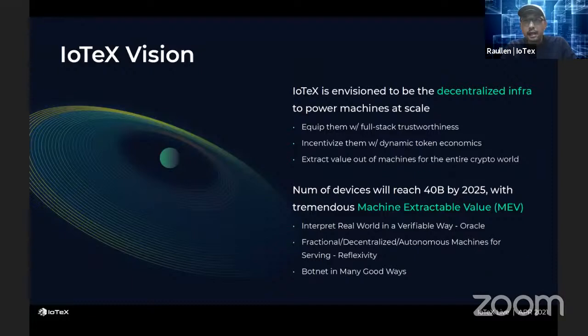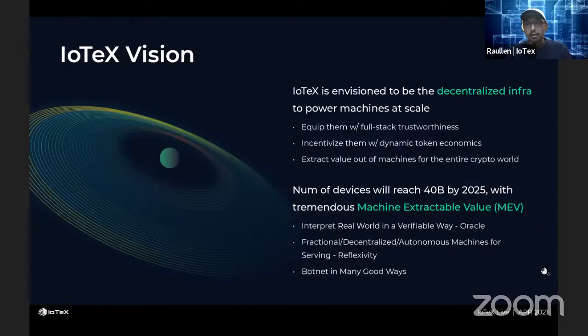So basically IoTeX started back in 2017, around the same time as probably all the other projects here. We envision ourselves to be the decentralized infra to power machines at scale. So what does that mean? Basically we are equipping machines with full-stack trustworthiness, blockchain trusted hardware, and authentication protocols.